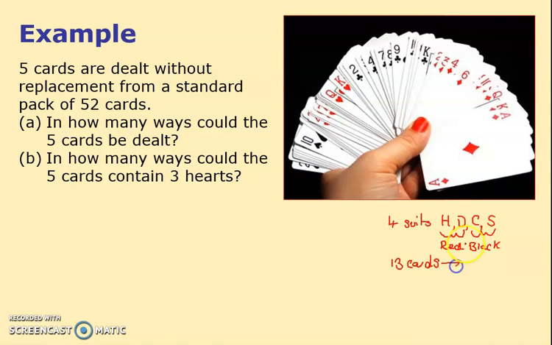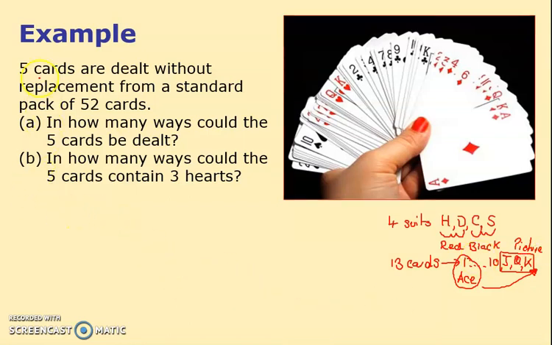The cards go from 1 all the way up to 10, followed by a jack, a queen and a king. Slight confusion is that the 1 is usually called an ace. An ace can be thought of as being a high card, so that can sometimes go up there. The jack, queen, king are sometimes called picture cards, or face cards even, because they've always got a face on them.